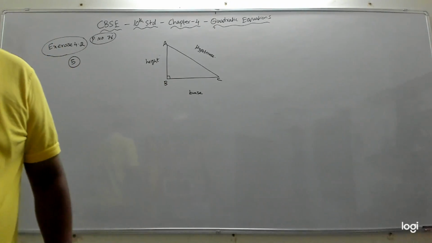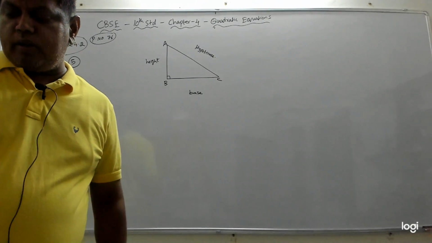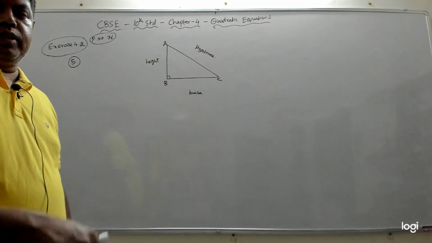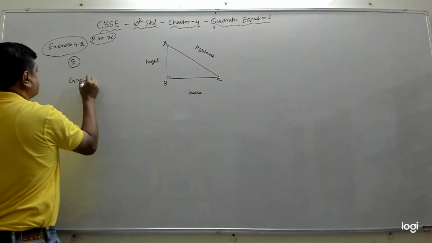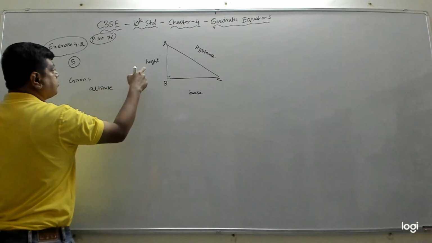Now in this question, what it says is the altitude of a right triangle is 7 centimeter less than its base. So what is given is altitude, which means height.